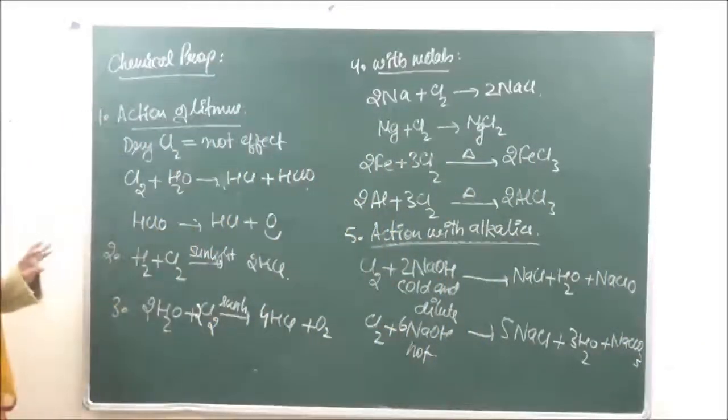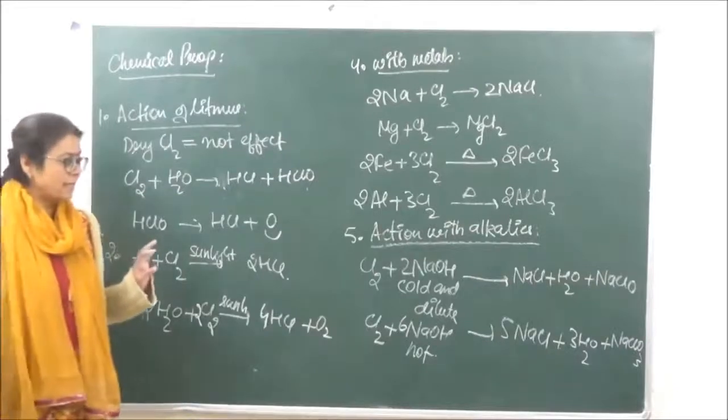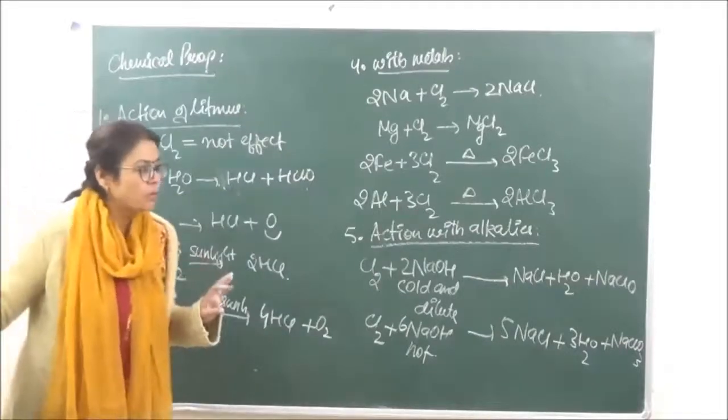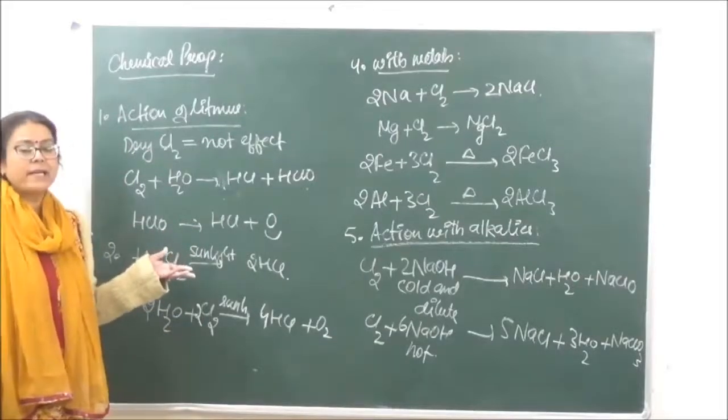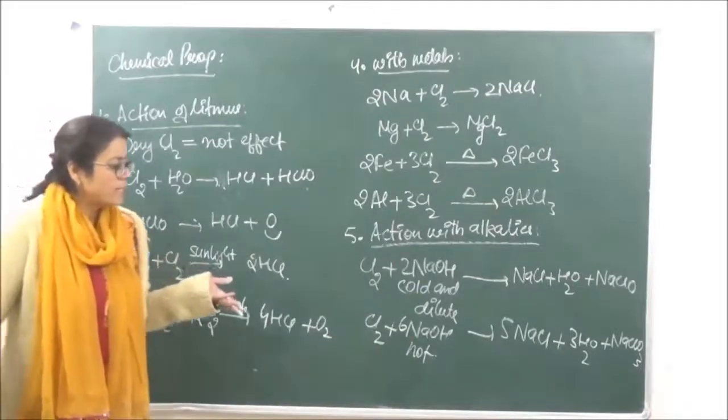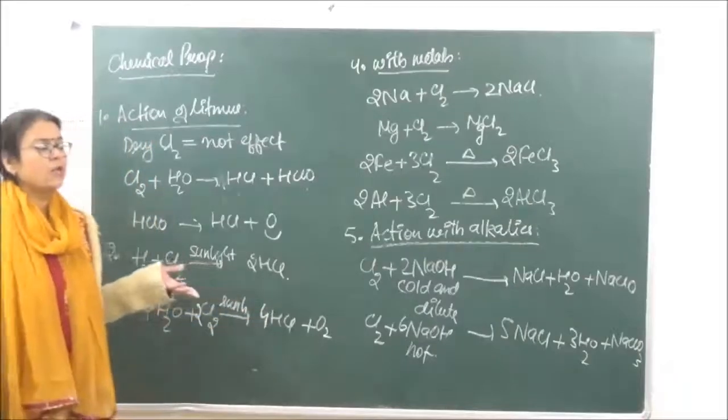So in both the cases, two compounds you can see they are the same. NaCl and water both are going to be given. But if you are reacting with cold, we are going to get NaClO, and if you are reacting it with hot, we are going to get NaClO3.